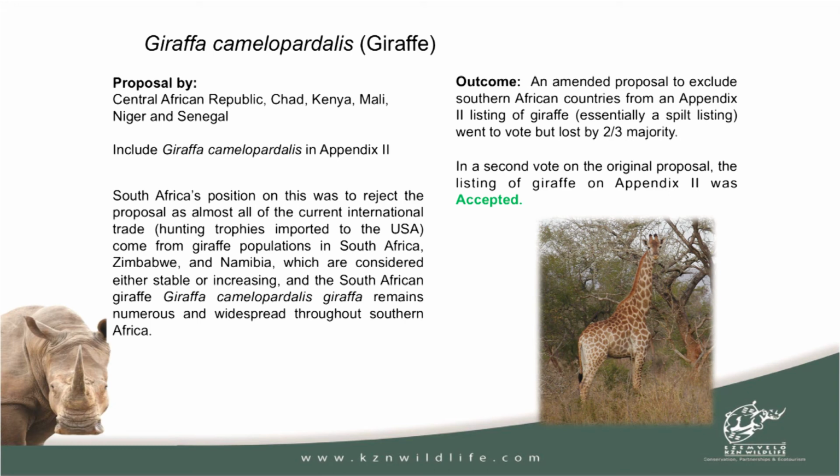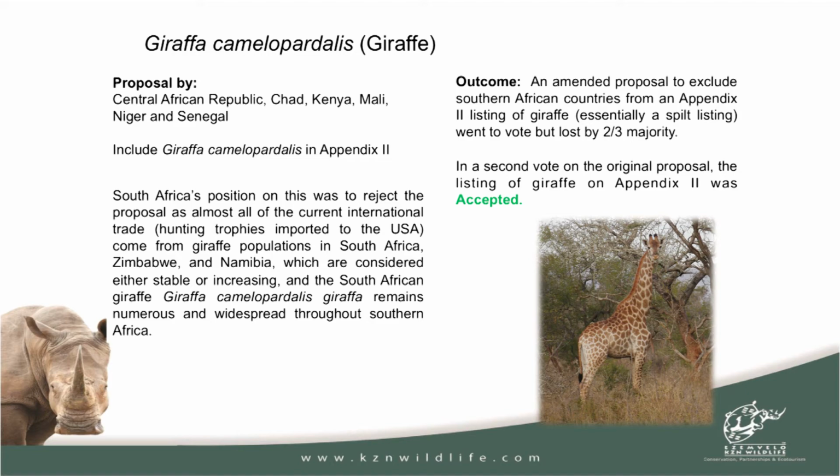So this one had a bit of debate. There was an amended proposal to exclude the southern African countries from Appendix 2. So essentially a split listing, but that vote was lost, so we had to go back to the original proposal, which was to list giraffe, and ultimately that was accepted.